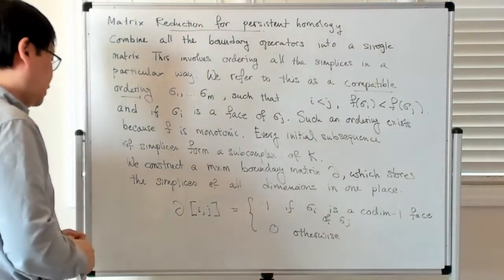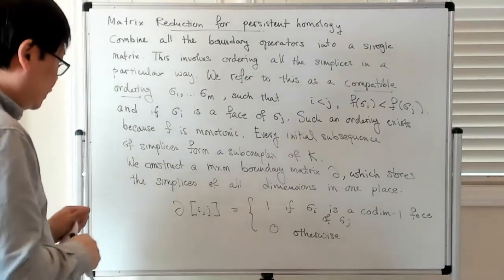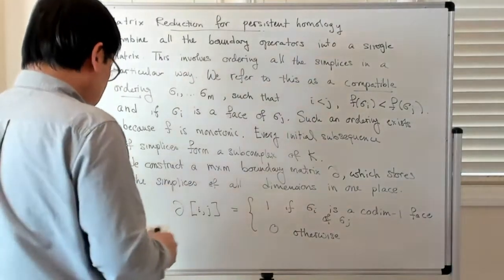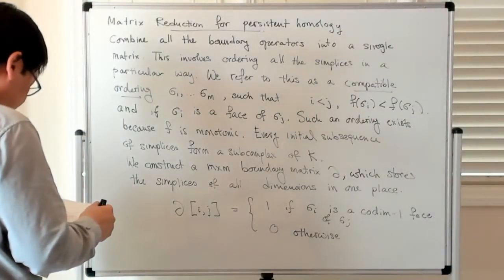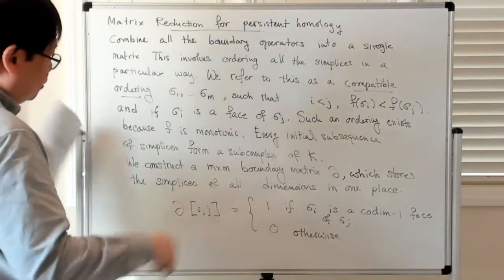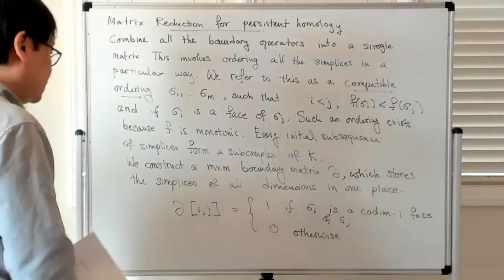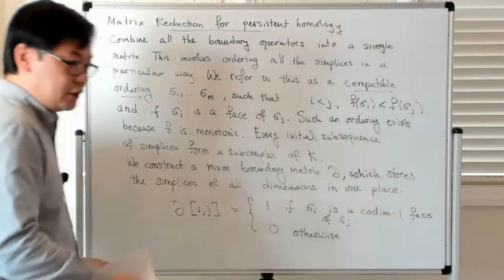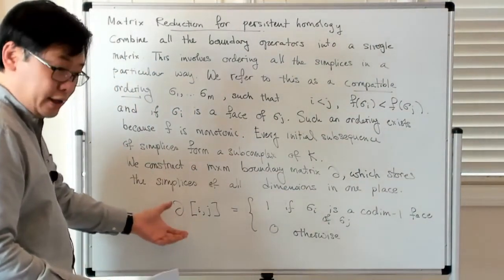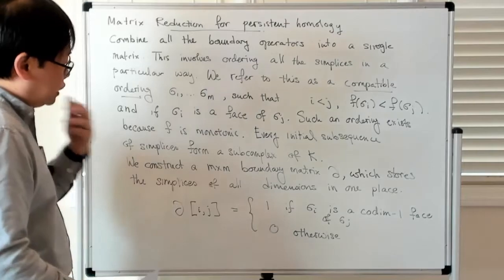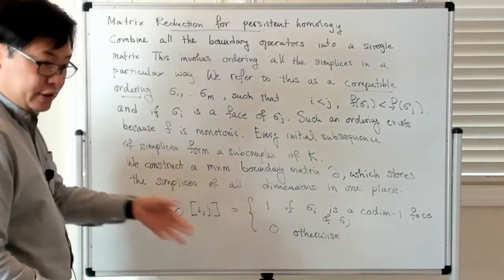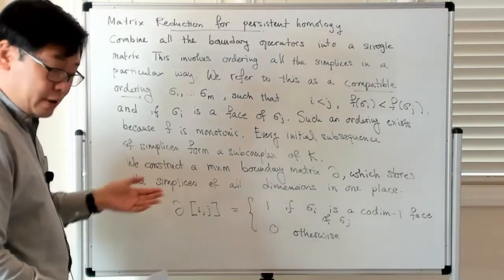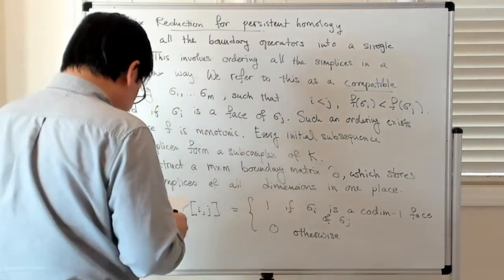So that's easy to convince yourself of. Maybe you want to order it from the highest dimension to the lowest dimension, but there's a sense in which this boundary operator is encoding all the information which the individual boundary matrices created by dimension are encoding.